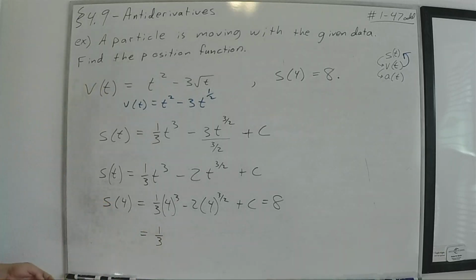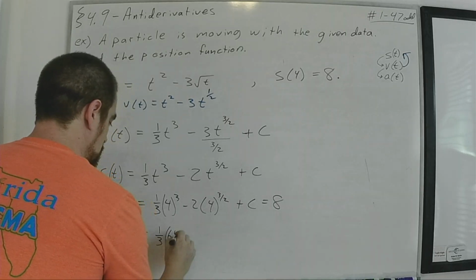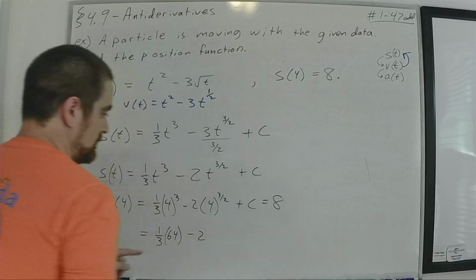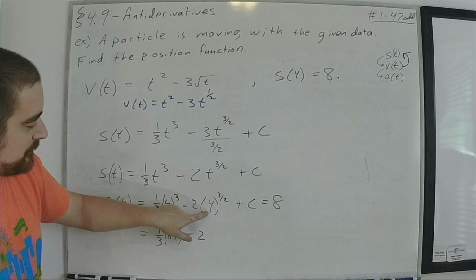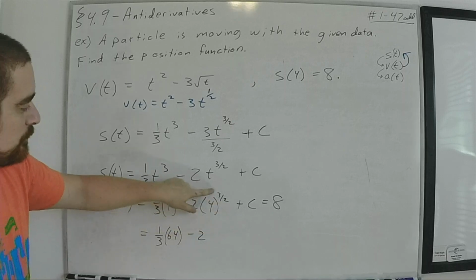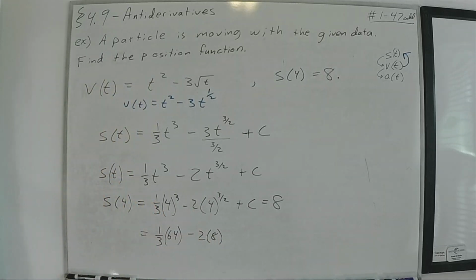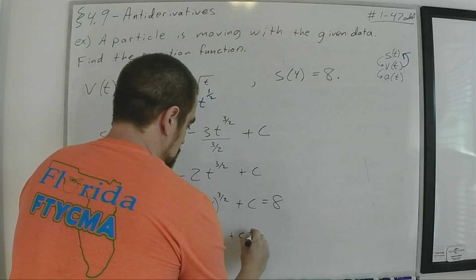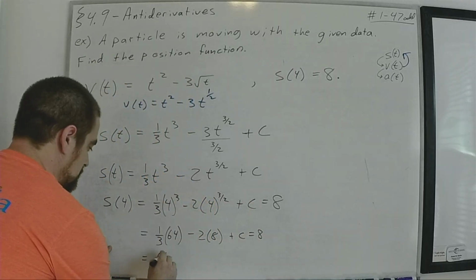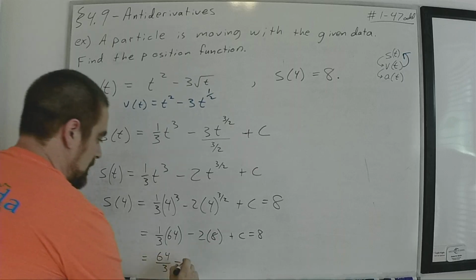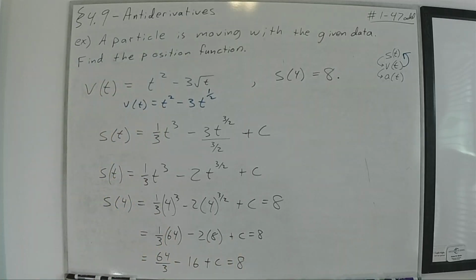This is 1/3 times 4 cubed, which is 64, minus 2 times the square root of 4 cubed. Well, the square root of 4 is 2. Cubing 2, I get 8. But there's also this multiple in front of it. Plus c is equal to 8. So I've got 64/3 minus 16 plus c is equal to 8.